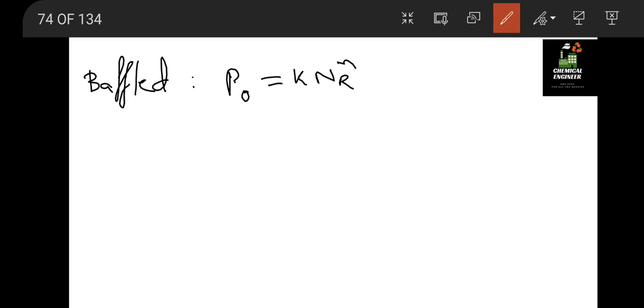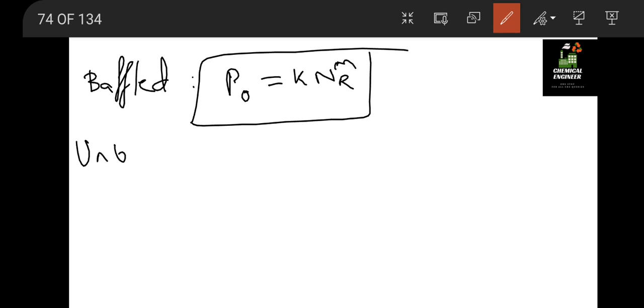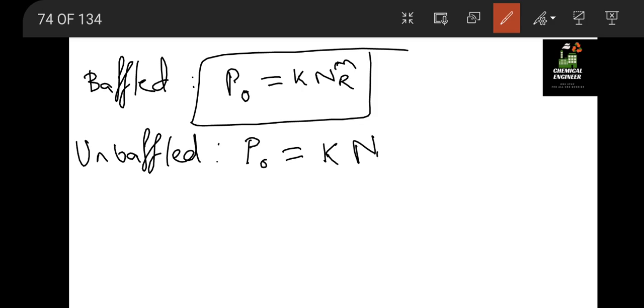Similarly, for a different case of mixing and agitation, we have a baffled case. In the baffled case, power number is equal to K into Reynolds number raised to m. And for the unbaffled case, P naught, that is the power number, is equal to K into Nr raised to m, that is Reynolds number, into Froude number raised to n.